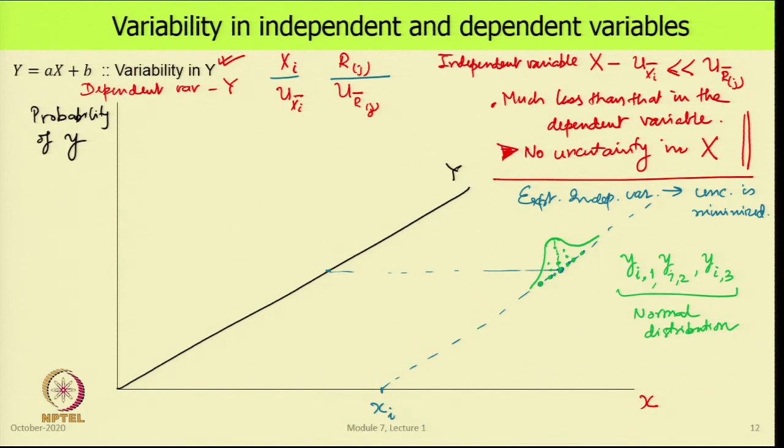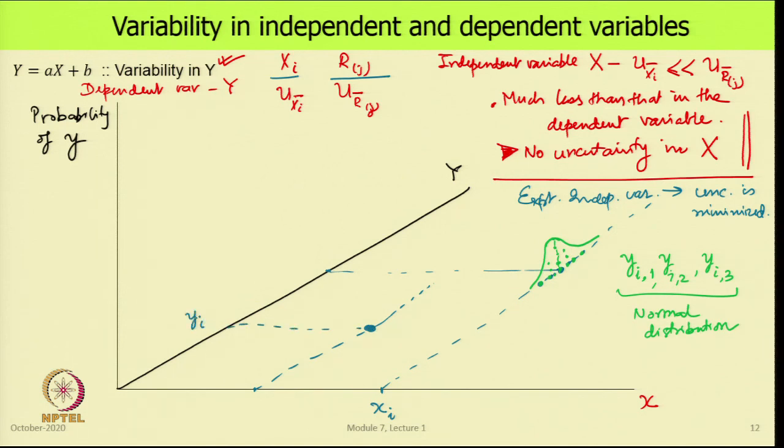So, this is what we are getting. And the same thing, if you look at any other value of x, say we could have taken this value here, and we could have got say this value of y.